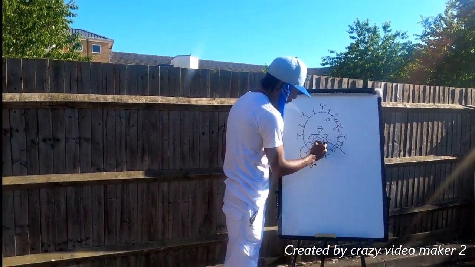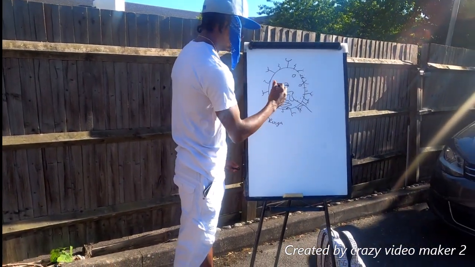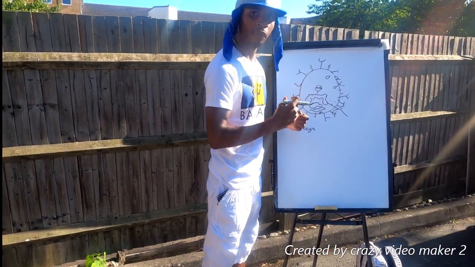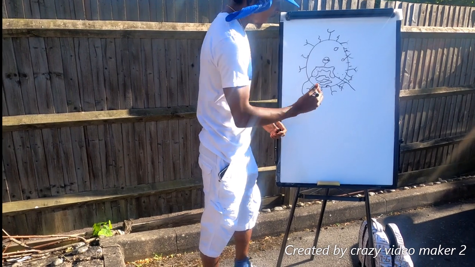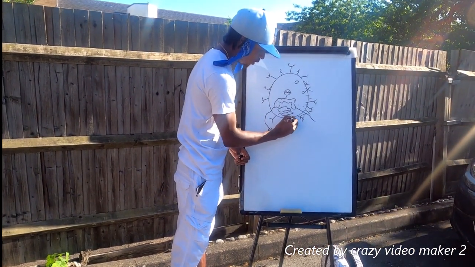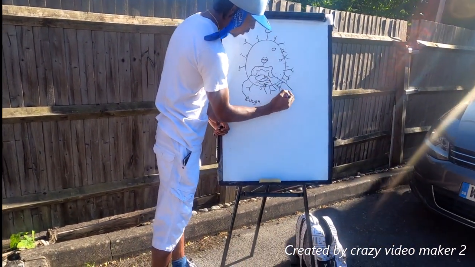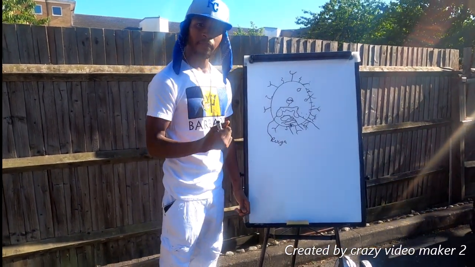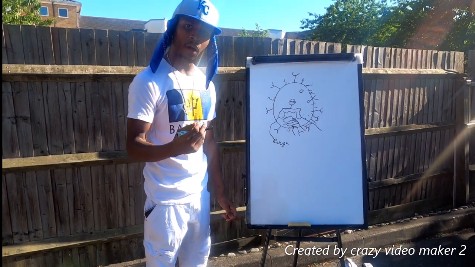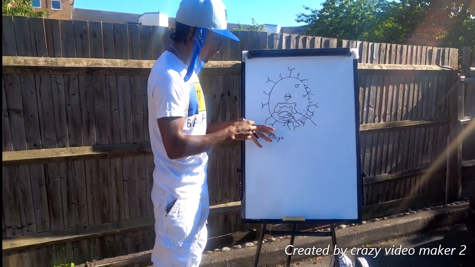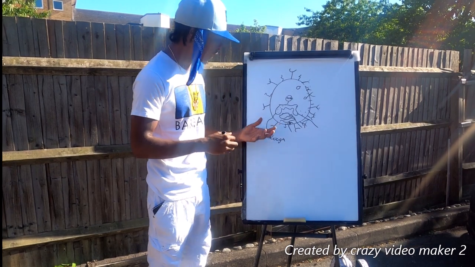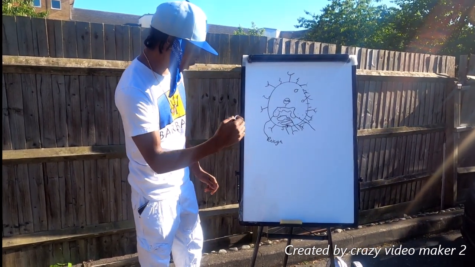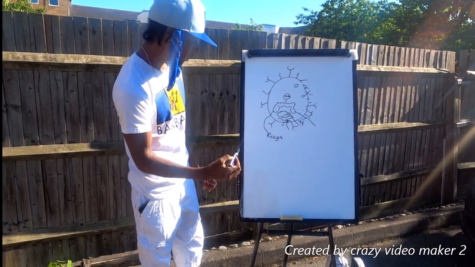Then it ends up in the Golgi apparatus, where it gets sealed and packaged into a vesicle, and then distributed to the outer layer. So that's the process of how RNA turns into proteins and gets distributed out of the cell. That's the breakdown of the cell, RNA and DNA.